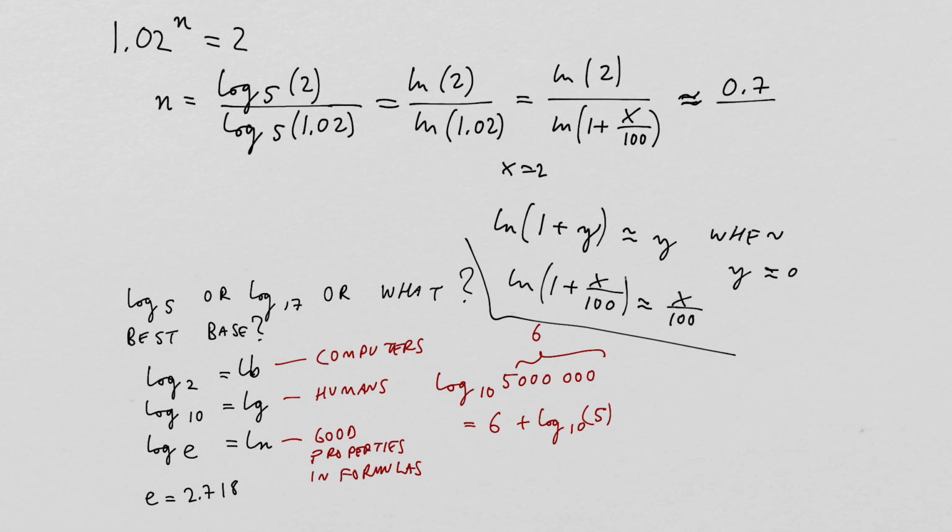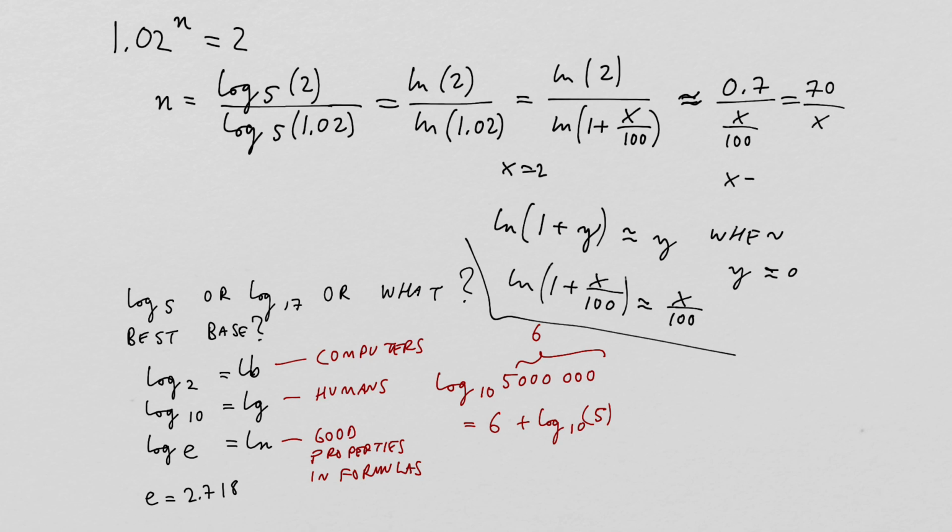We can substitute it here and multiply both the numerator and denominator by 100. We get 70 over x.